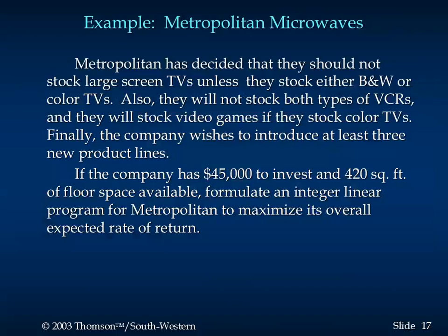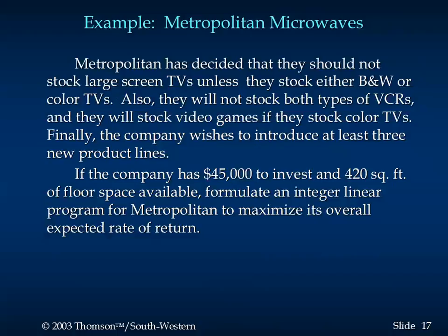And they will stock video games if they stock color TVs. Finally, the company wishes to introduce at least 3 new product lines. And we have 45,000 to invest and 420 square feet of floor space available. So we want to formulate a linear programming problem to maximize expected rate of return.